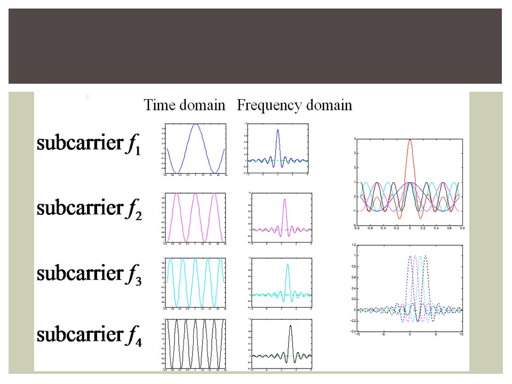Now, this is the representation of the different carrier signals. Subcarriers F1, F2, F3 and F4 are considered. It is observed that this signal is represented in the time domain as well as the frequency domain.